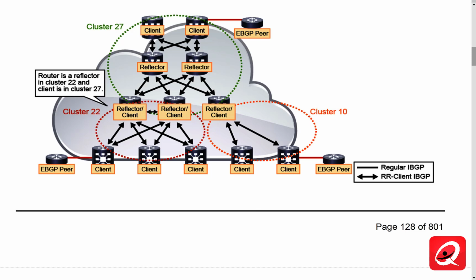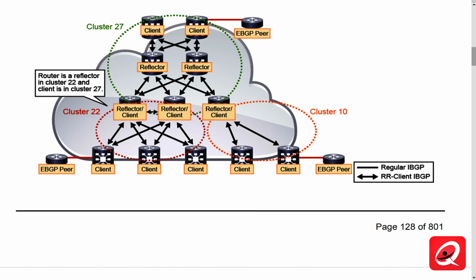All right, so basically in this particular configuration, we have iBGP sessions on a route reflector. We have to configure those sessions to reach a client in order for us to be able to circumvent, or get around, the iBGP split horizon rule. And then all of the other iBGP sessions that are configured on the route reflector are part of the full mesh design. Remember, from one route reflector to another, we have to have a full mesh. And we see that in cluster 27 for the route reflectors that are servicing cluster 22 and cluster 10.